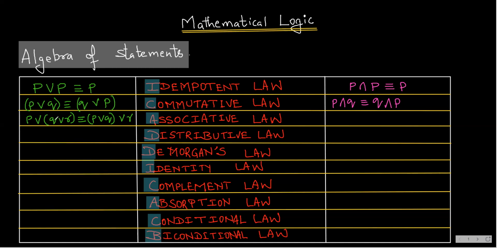You can check, this is OR and this is also OR. The connectives are all disjunction. The operation is disjunction.